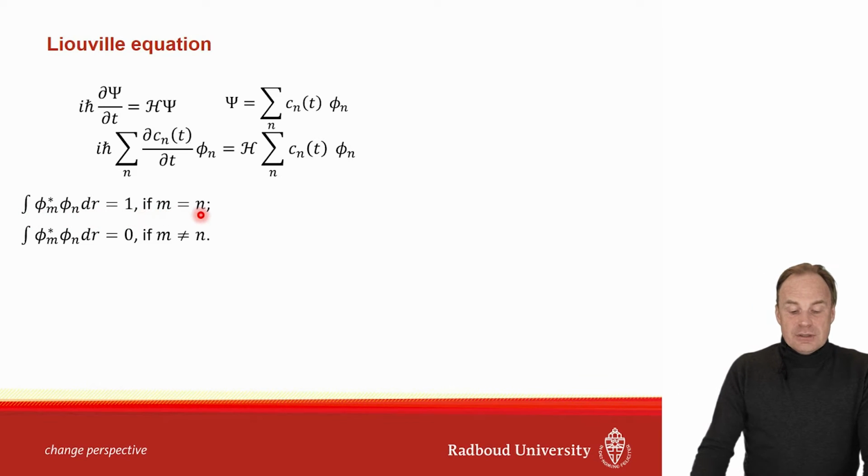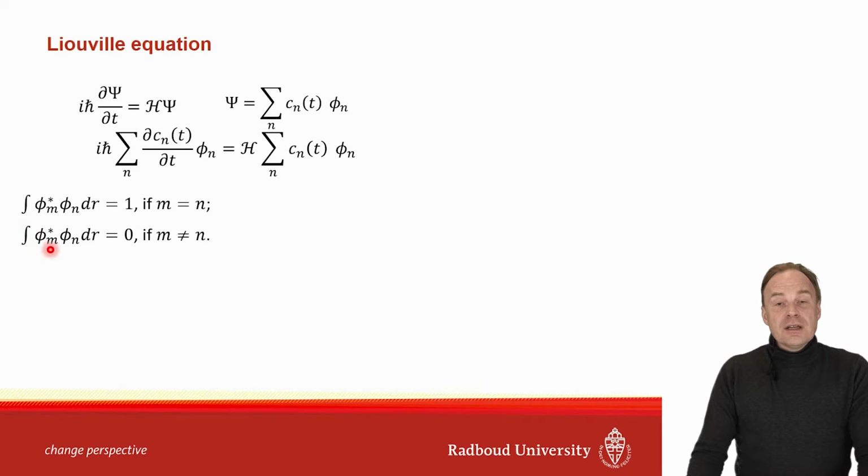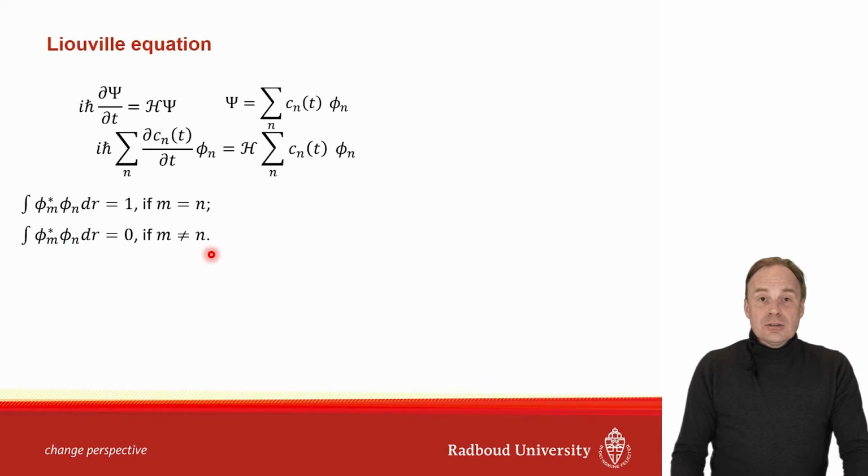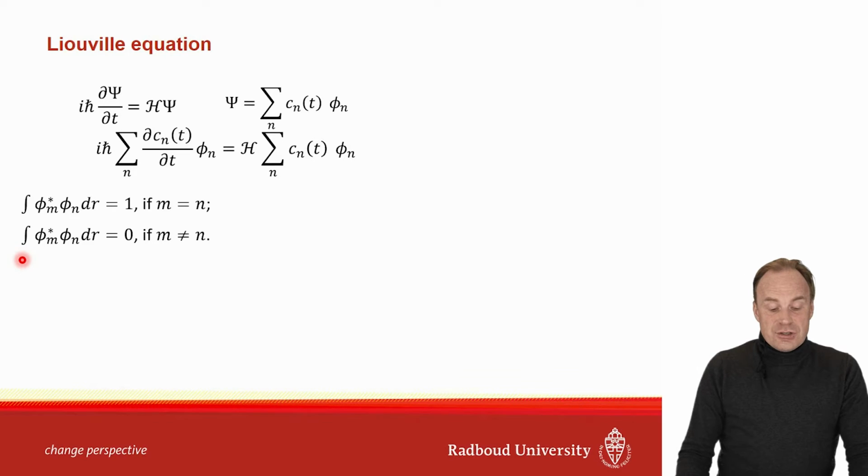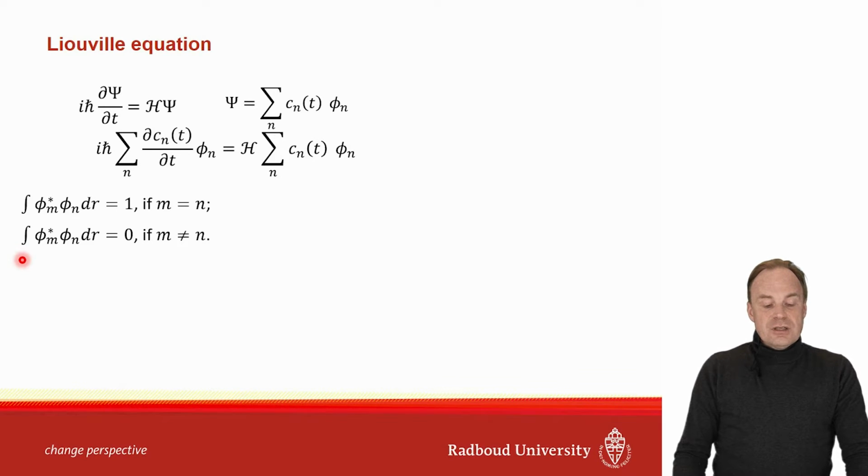And if you talk about two different functions, m not equal to n, then since solutions of the stationary Schrödinger equation are mutually orthogonal functions by definition, this integral should be equal to 0.